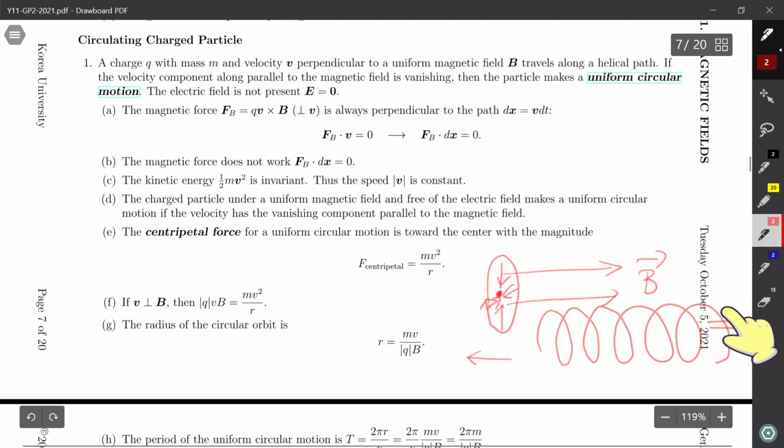If you look at this motion in this direction, it is a circular motion. So in general, it is helical. Uniform circular motion is the case where the velocity parallel to the magnetic field is vanishing.